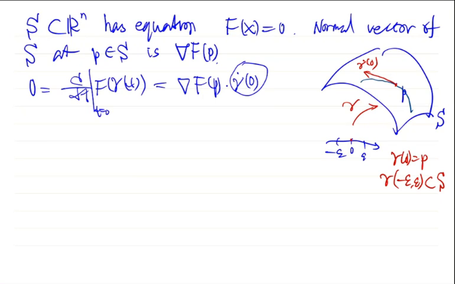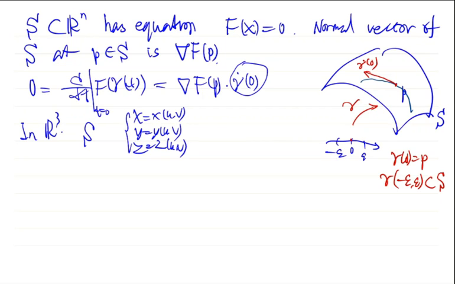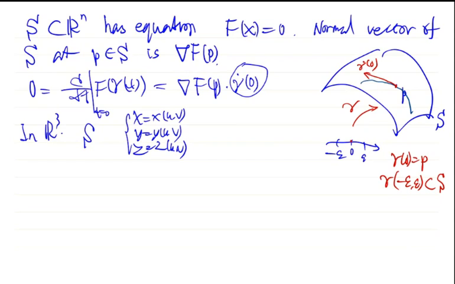We also studied the three-dimensional case. In R3, a surface S can also be expressed by parametric equations. That is, x is x(u,v), y is y(u,v), z is z(u,v). This is the uv plane, and here we have a point (a,b).